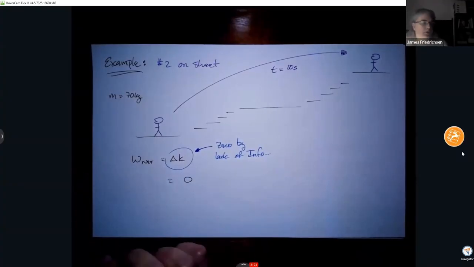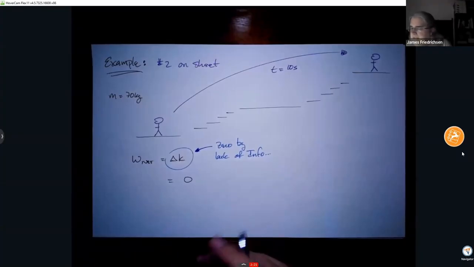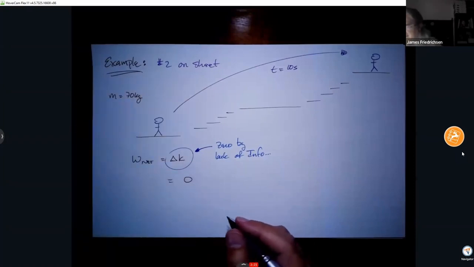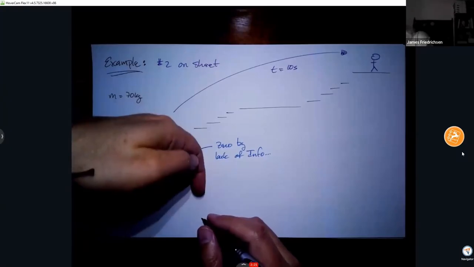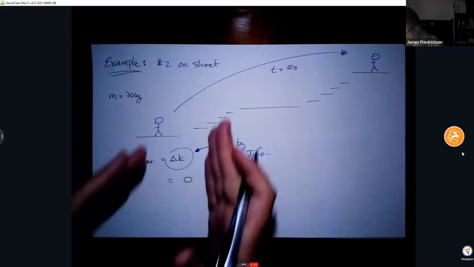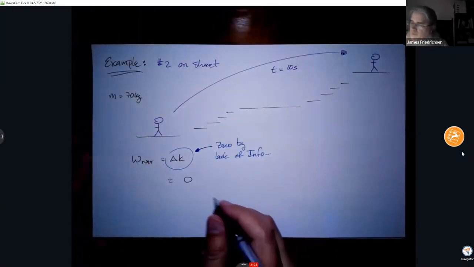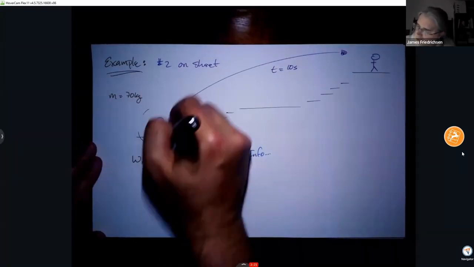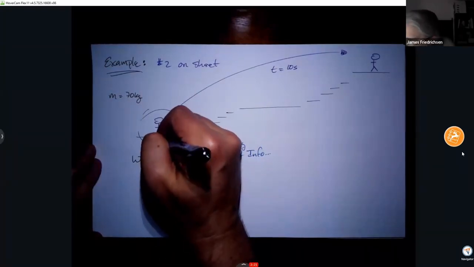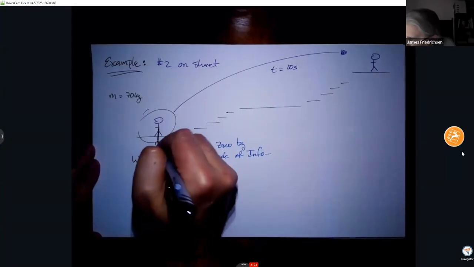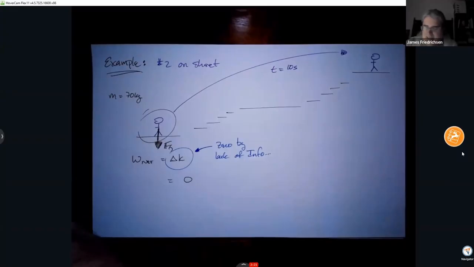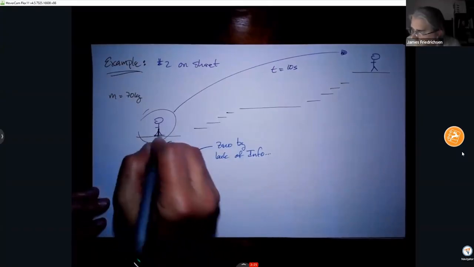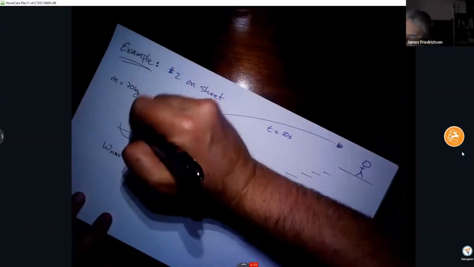And then what we're going to look at is that in order for the student to run up the stairs, they're going to push down on the tread so that the tread pushes up on them. Okay, so when we look at the forces acting on our student, we have our gravitational force. And then we have the normal force between their feet and the ground.